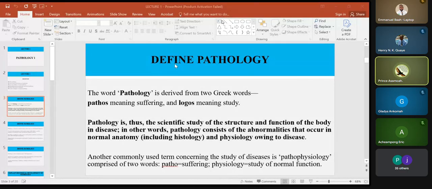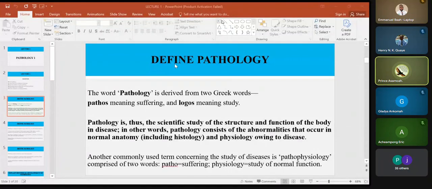Sometimes in referring to them, we say pathophysiology. What it means is that you are studying the abnormal function of a structure or a body part.